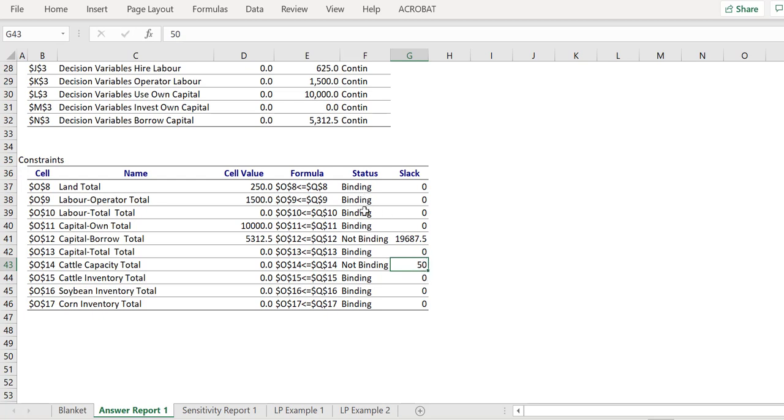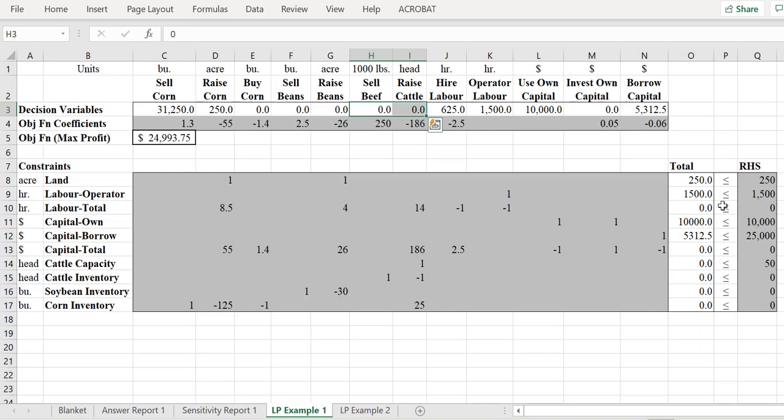All of the other constraints are binding, except those two that we have just mentioned. For example, if there's 250 acres of land, then the producer used 250 acres of the land.